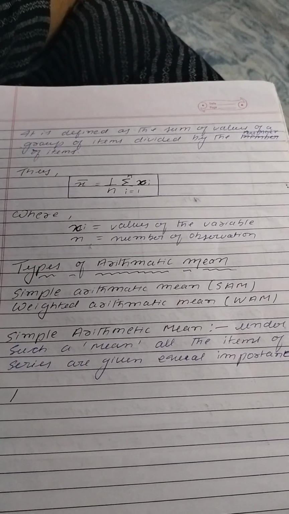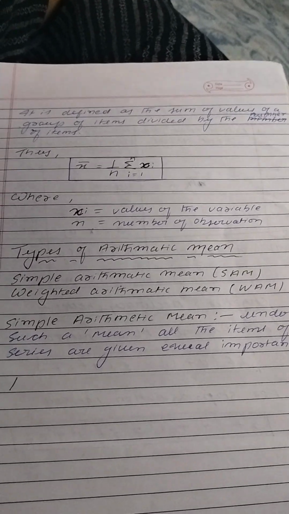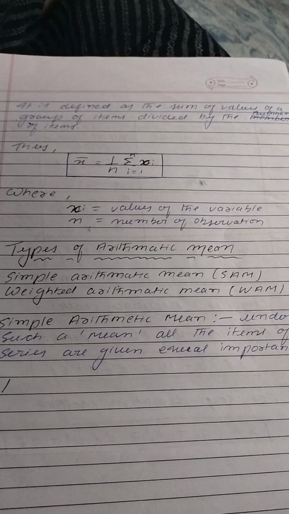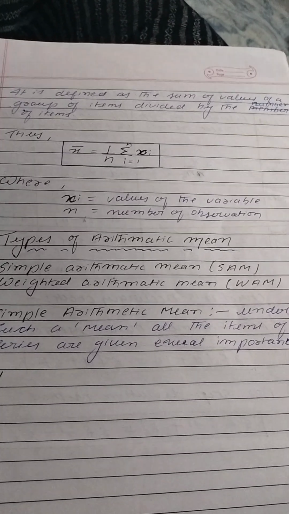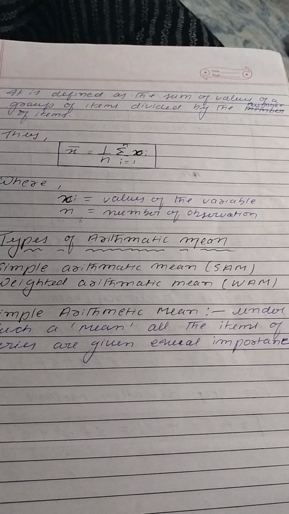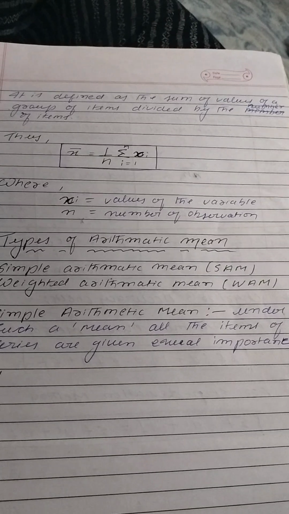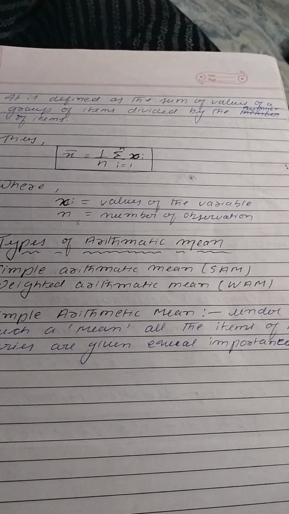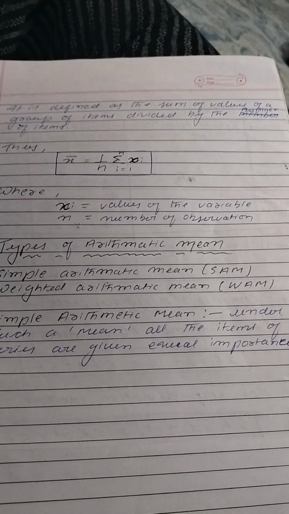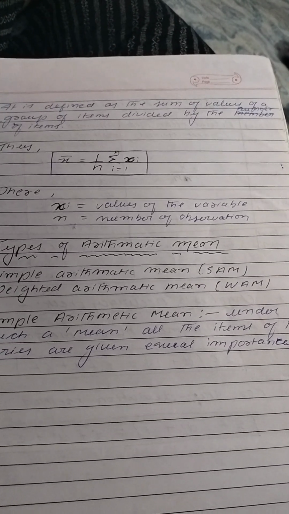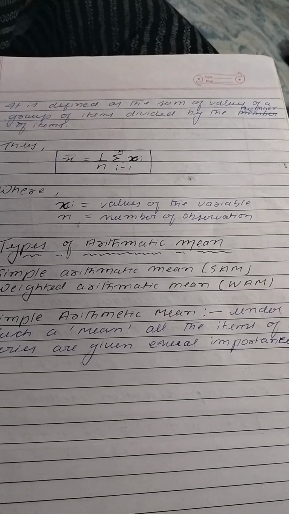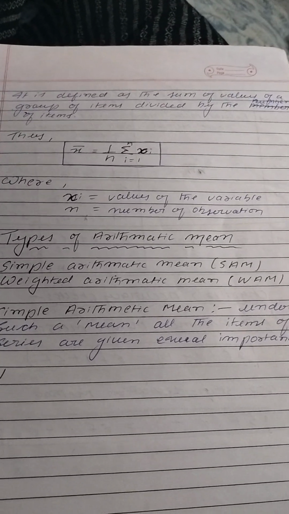It is defined as the sum of the values of a group of items divided by the number of items. As I already mentioned, it is the sum of the values of the group of items, whatever the items are, and then you have to divide it by the number of items, whatever the number is.